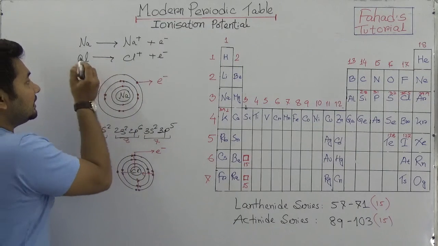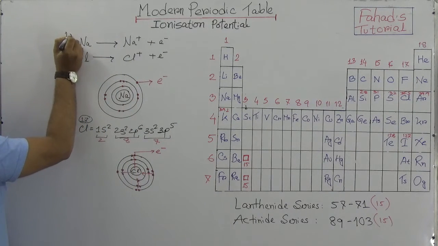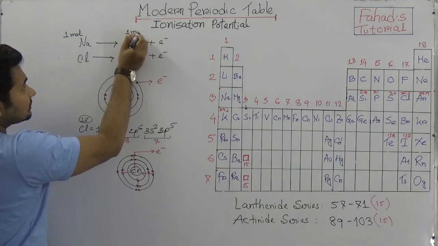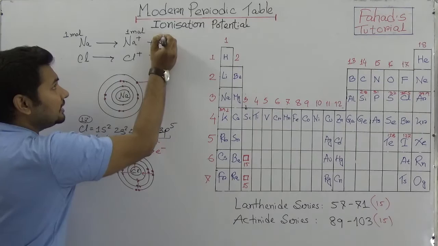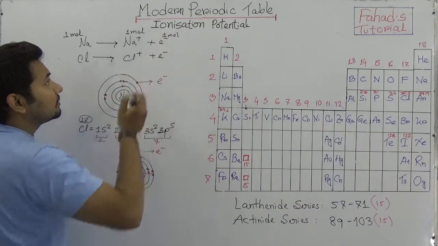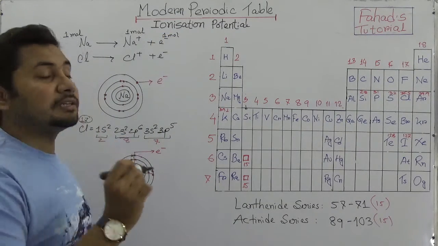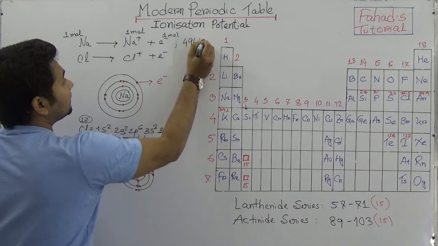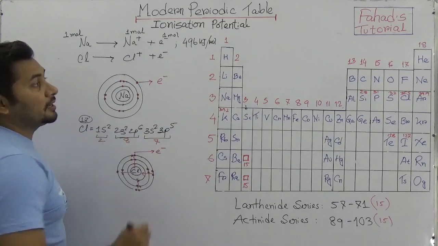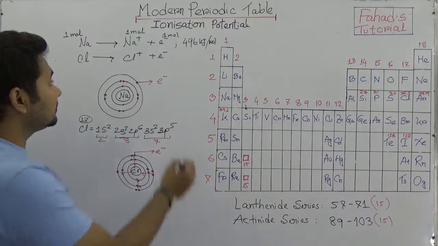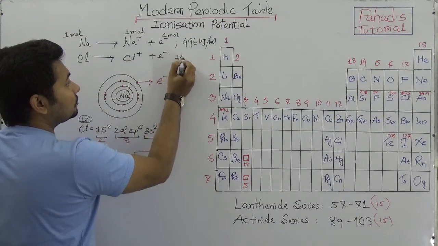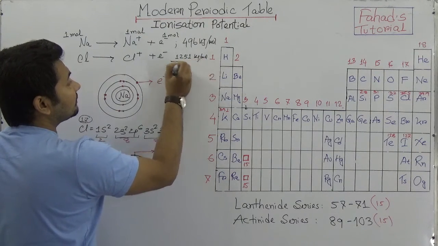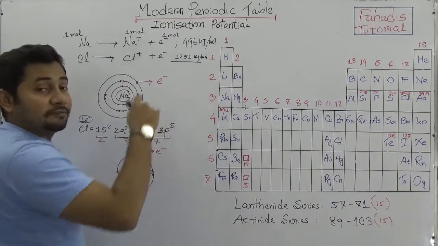That means if this sodium is 1 mole and this sodium ion is 1 mole and this electron is 1 mole, then the energy required in case of sodium is 496 kilojoule per mole, and in case of chlorine it is 1251 kilojoule per mole, if I am not wrong. See the differences.